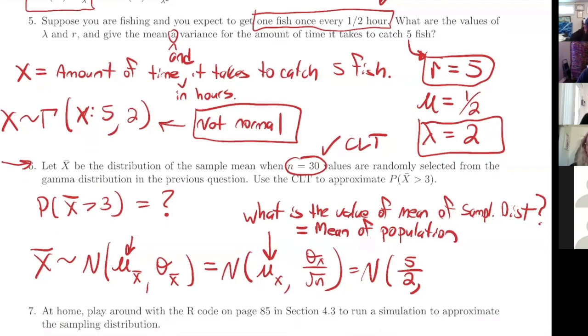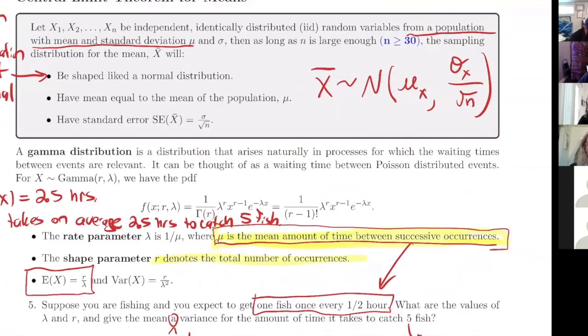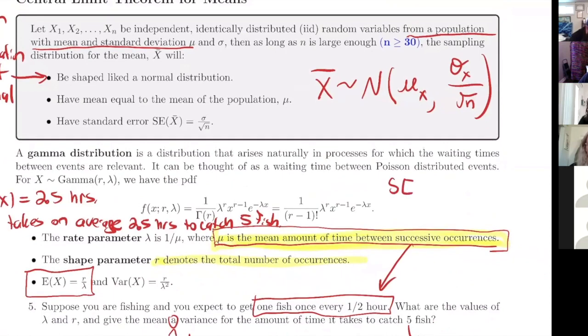Okay, so then next would be the standard error. In general, the formula is we calculate the standard deviation of the population and divide by the square root of n, right? And that's equivalent to saying we could calculate the variance, divide by n, and take the square root of that too.